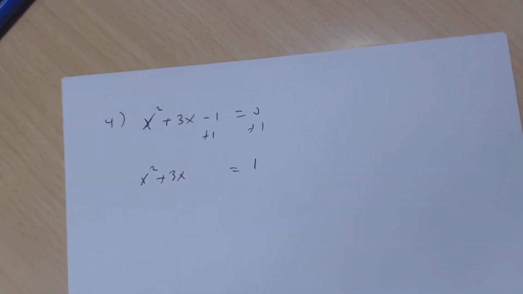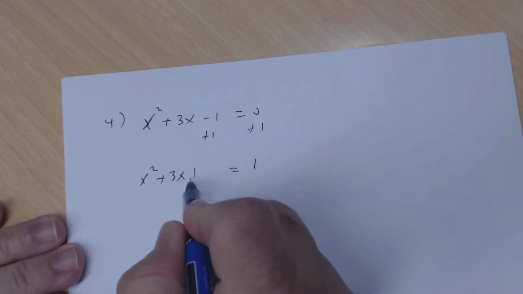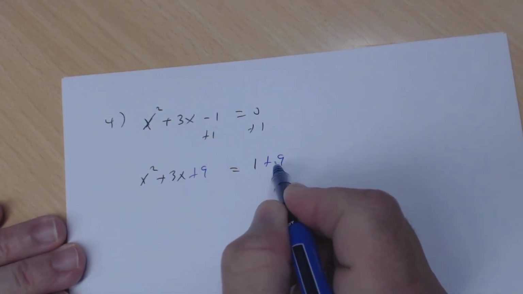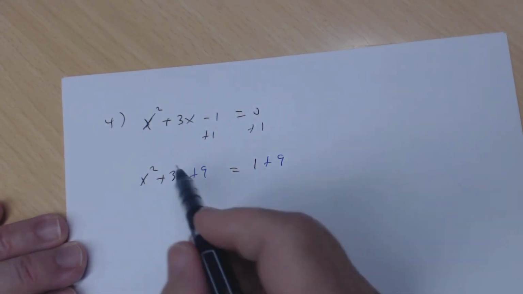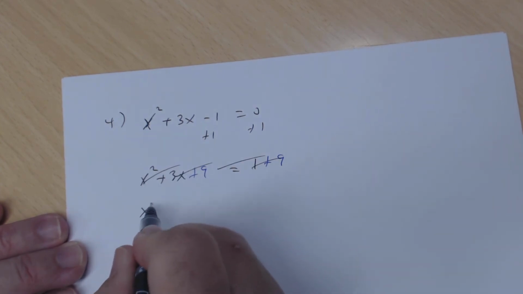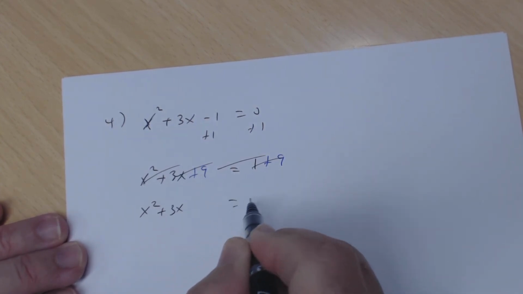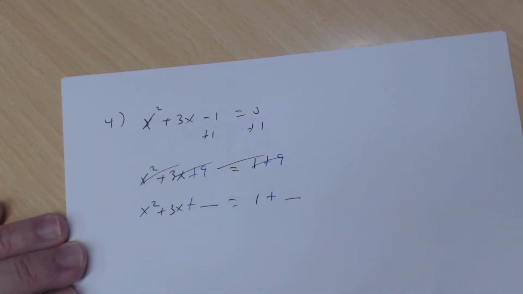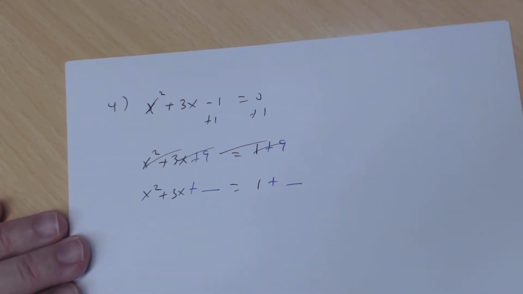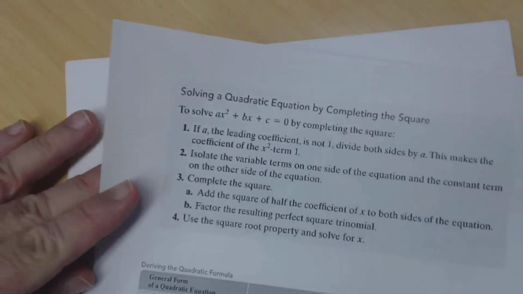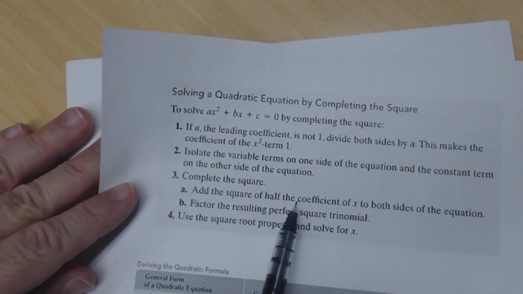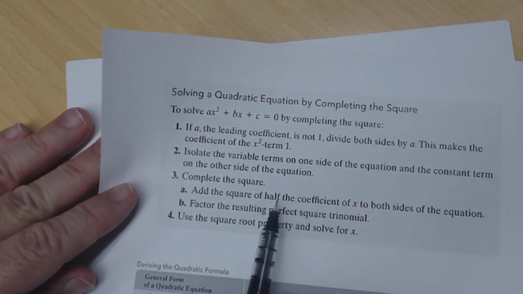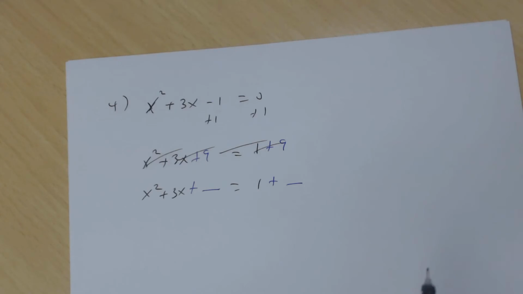All right, so now what you're going to do is, to complete the square, add something to both sides. So x squared plus 3x equal 1. So at some point, you're going to add something to both sides. Remember the way to do that. The next step is we're going to take the coefficient of x, divide it by 2, and then square it, and add it to both sides.